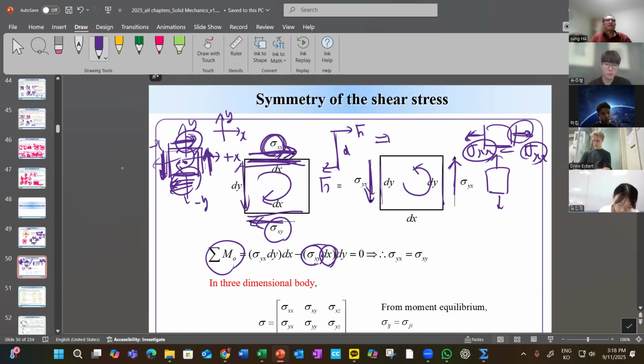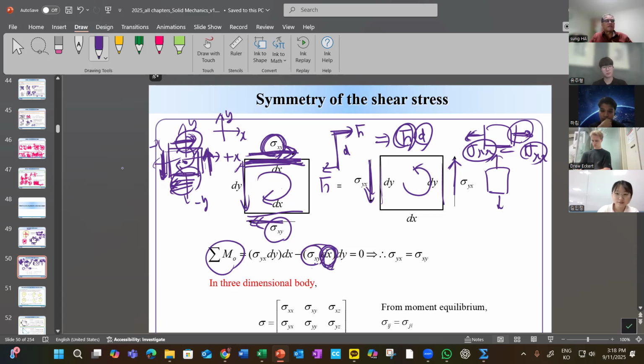Then this gives us a couple or a rotational moment, F times d, right? F times d. So F is a force. To get the force, we have to multiply this distribution times cross-section area. This is important.